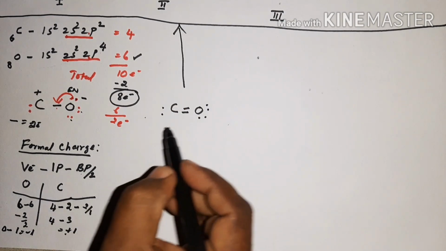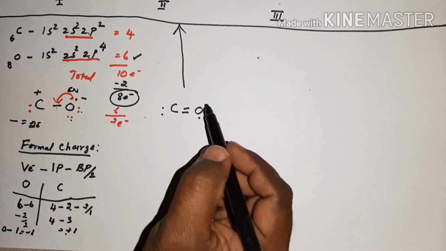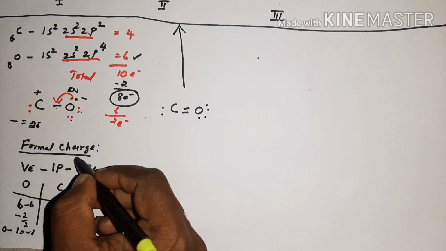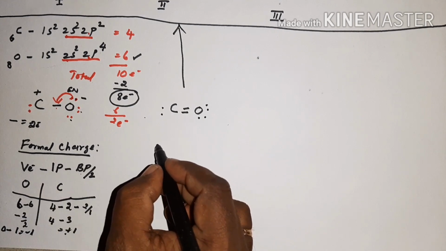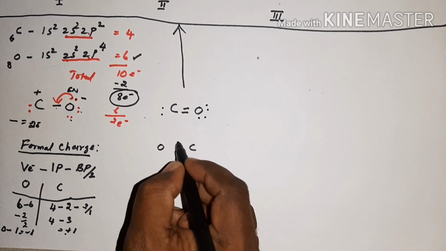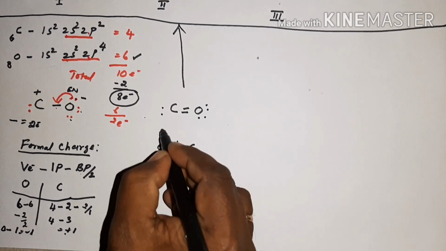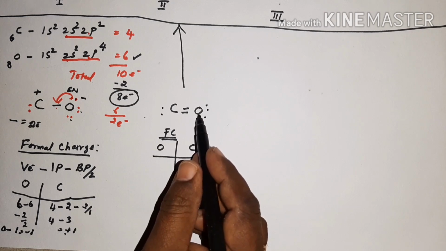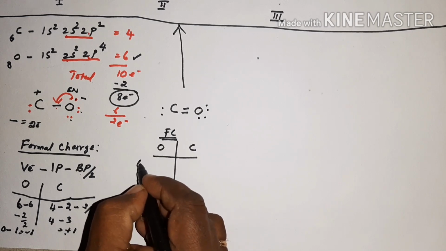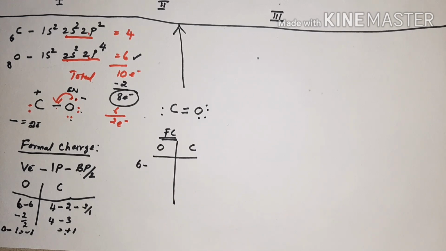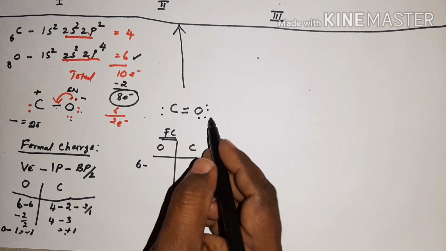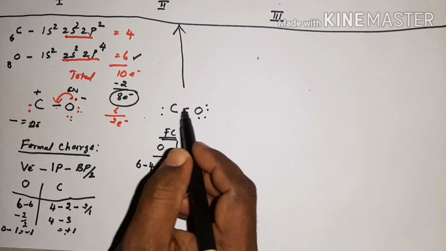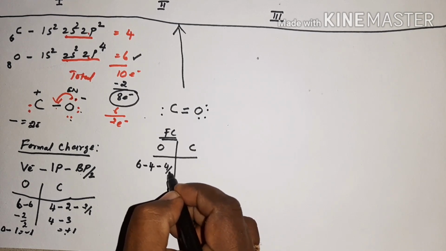For the second structure, you see there are no charges. How does no charge come here? You can apply formal charge for oxygen and carbon. For oxygen in the second structure, valence electrons 6, minus lone pair electrons, that is 4, minus bond pair electrons 4 by 2.